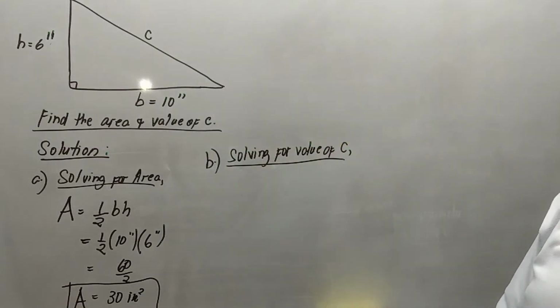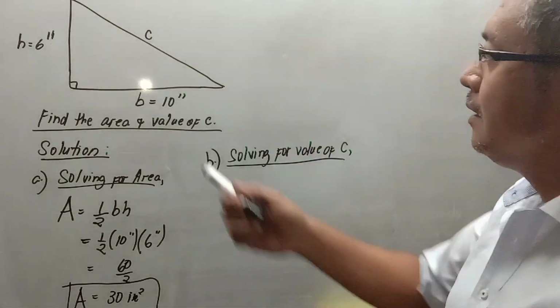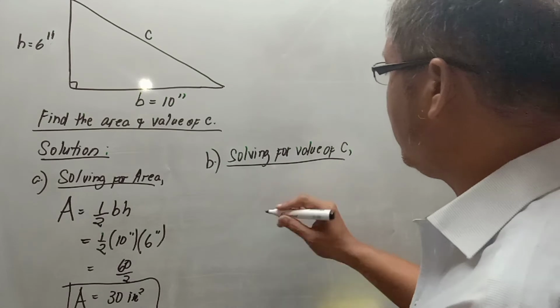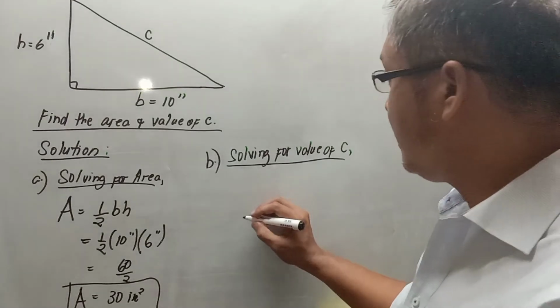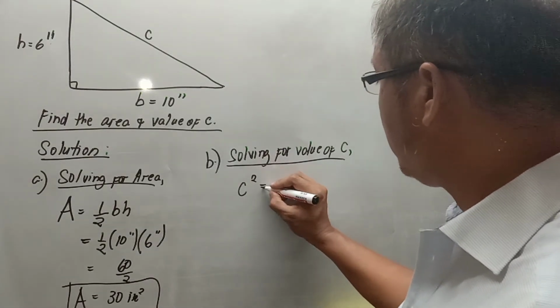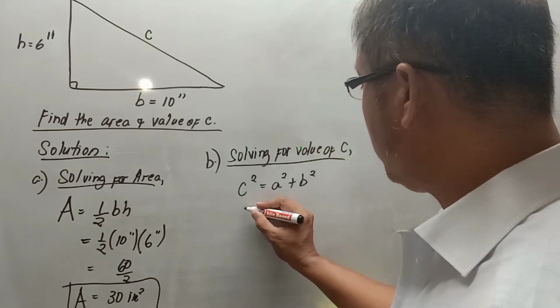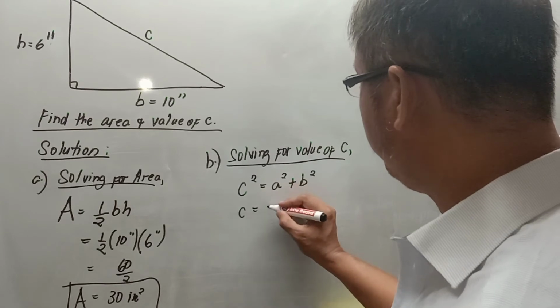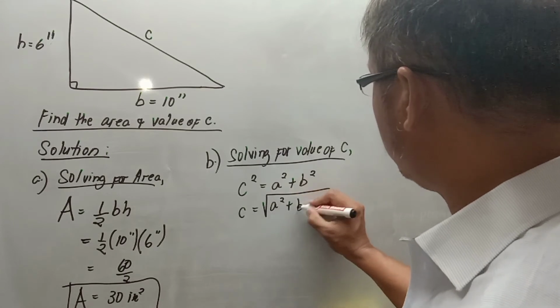As you can see in the diagram, since it is a right triangle, as we studied before, we can apply the Pythagorean Theorem on how to find the hypotenuse of a triangle, or the C value, the C side. The standard equation for the Pythagorean theorem is C squared is equal to A squared plus B squared. So C is equal to the square root of A squared plus B squared.